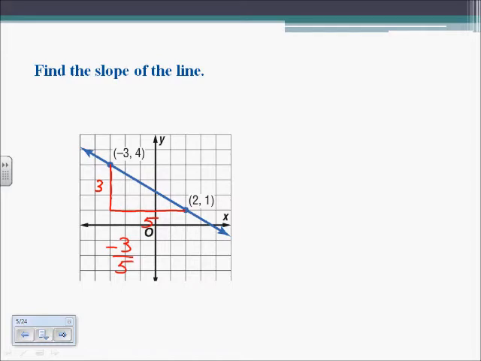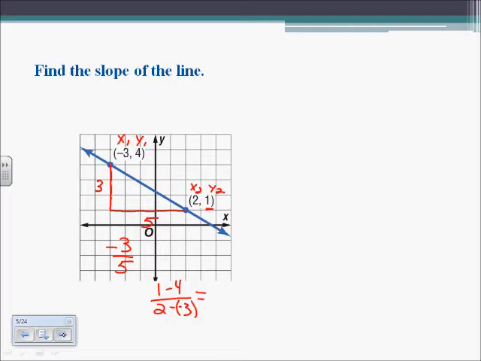I can show that using my equation though. If I pick x sub 1, y sub 1, x sub 2, y sub 2, and I show my work here, I'll start off with the y sub 2's. So I have 1 minus 4 over 2 minus a negative 3.